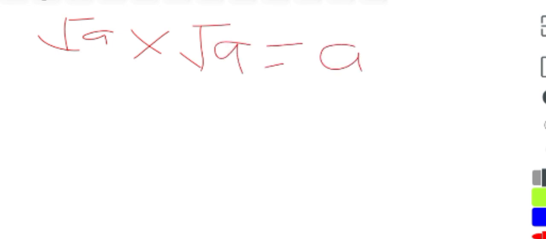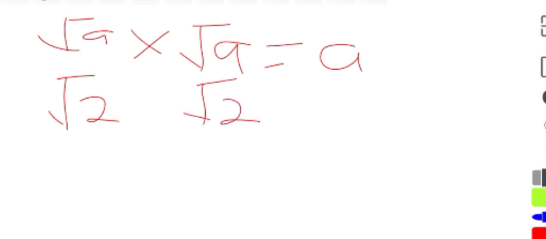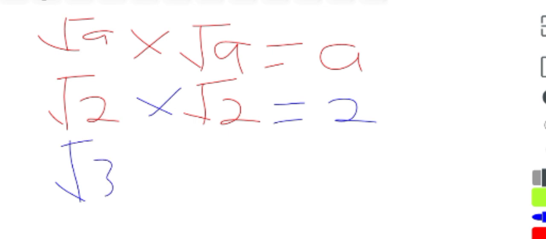So the conjugate of root a is root a, and the conjugate of root 2 is also root 2. This is because if you multiply root 2 by root 2, it gives us 2. Okay, if I have root 3, then the conjugate of root 3 is also what? Root 3. As if I multiply root 3 by root 3, it gives 3, which is a rational number.